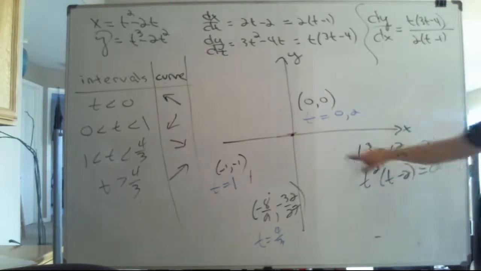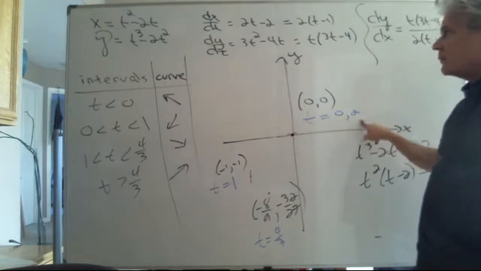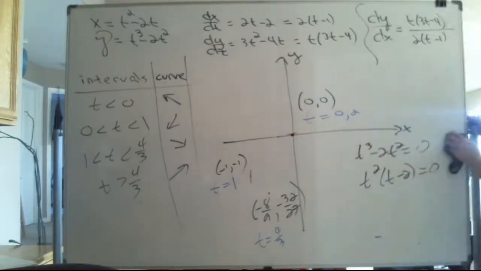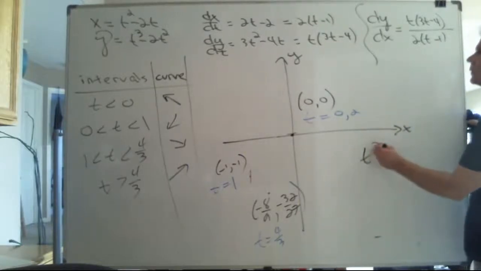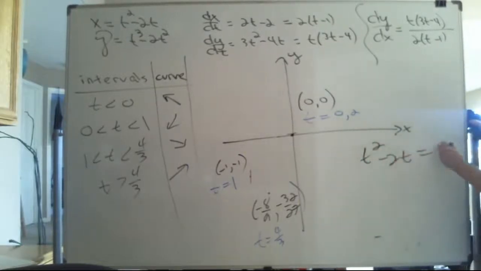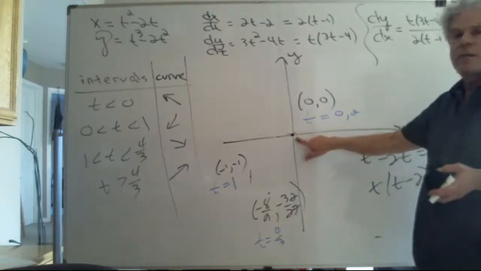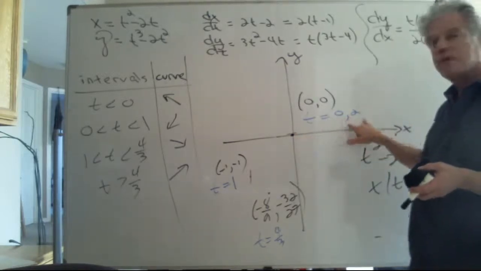And so it looks like I crossed the x-axis only there, but I do it twice. To find the y-intercepts, I'll go ahead and force x to be equal to 0. And I get exactly the same t-values. So I got really lucky in this case. That is my x-intercept, that is my y-intercept, but it occurs at 2 different t-values.